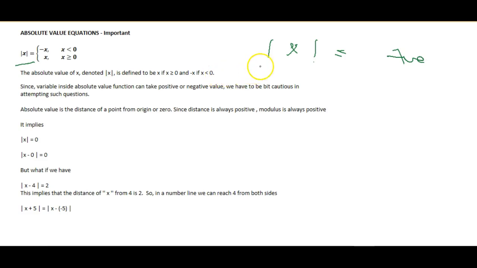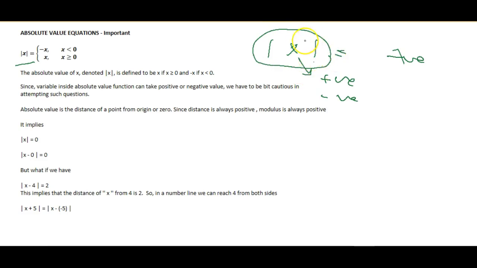Whatever we put inside these two parallel lines, the result will be positive, but we don't know whether we are putting positive or negative things inside. So in total, this function is called modulus or absolute value function.